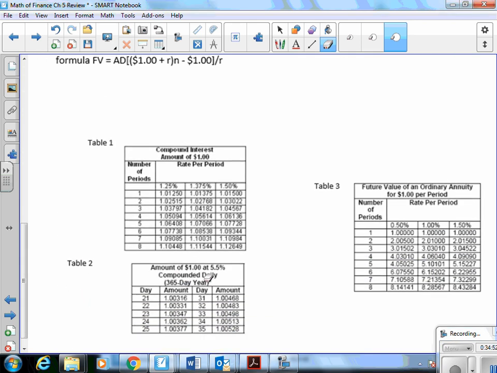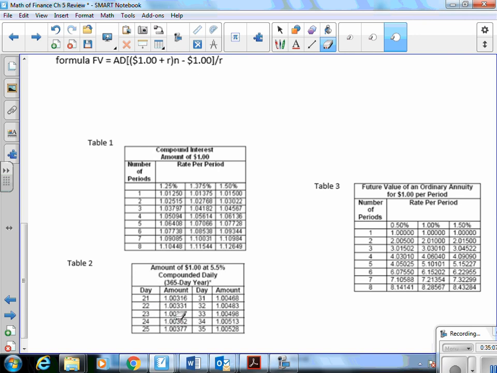Right here, the amount of $1 at 5.5% compounded daily gives us the number of days and then the amount of that dollar.